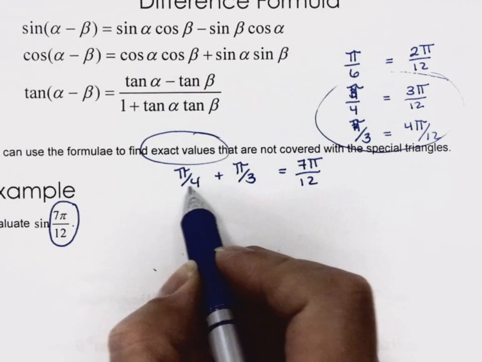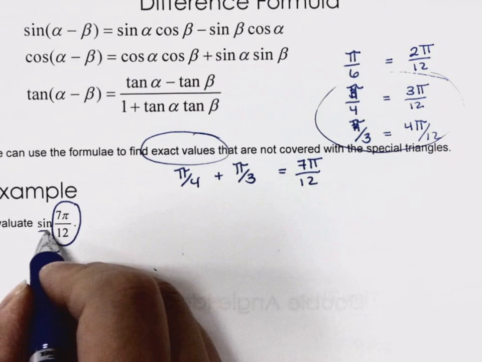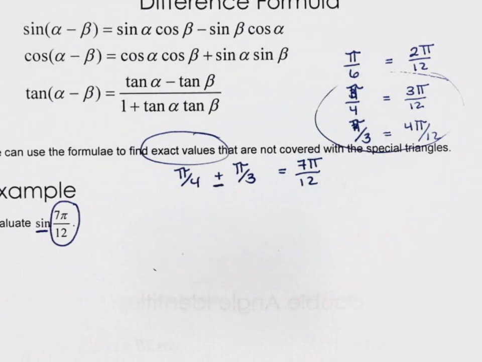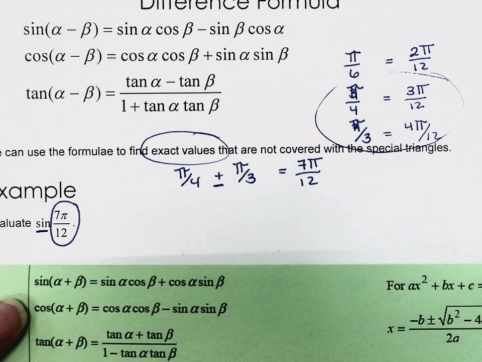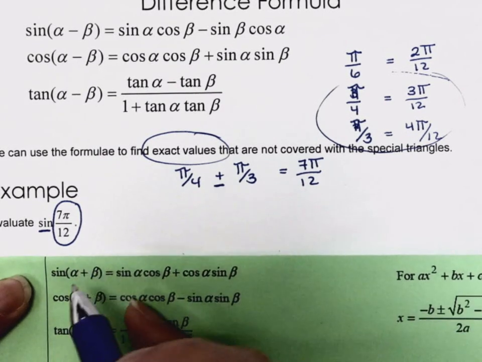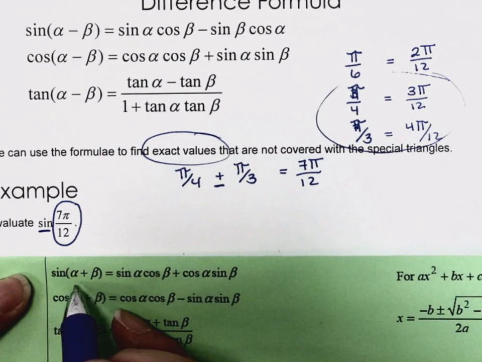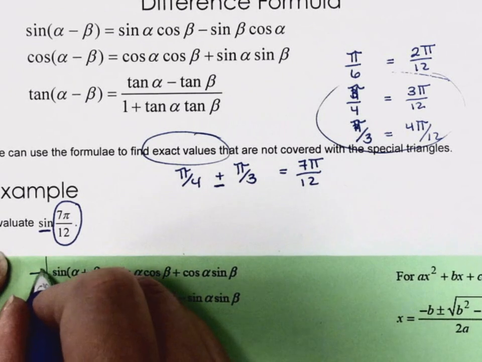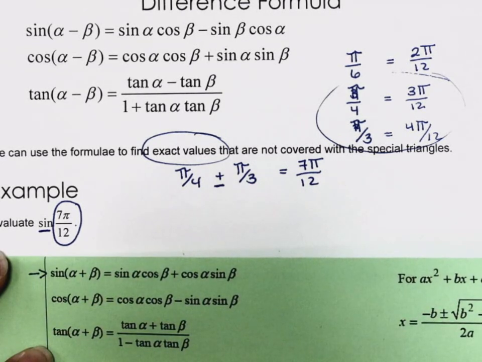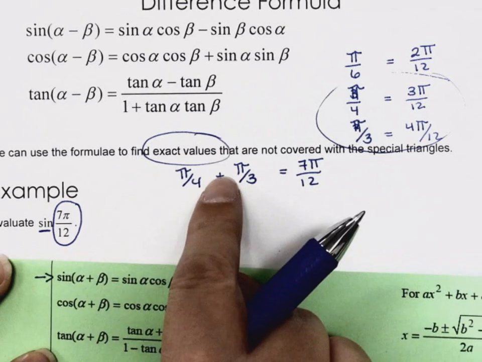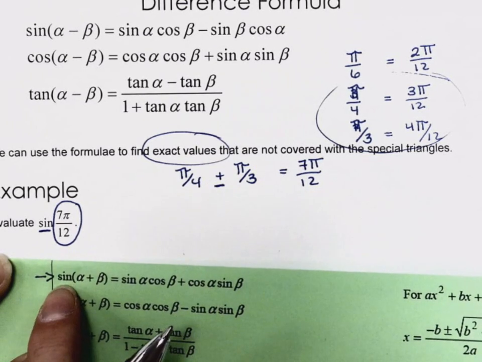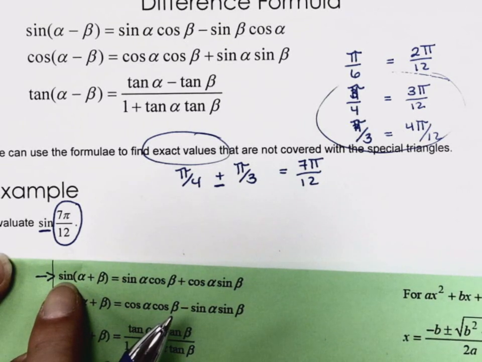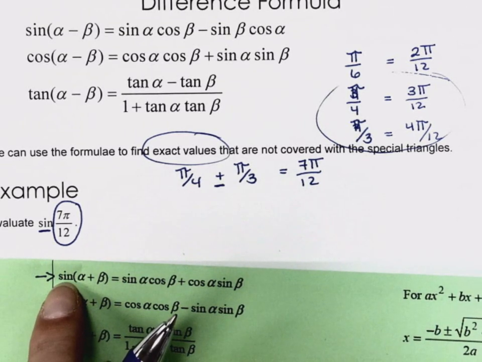Because we're looking for sine, and because we're adding, we are going to use our sum identity for sine. So we're going to be using that formula right there. Because we have two values that add together, right away I'm in the add, and we're looking for the sine, so I'm using the sine formula. Everybody with me so far?